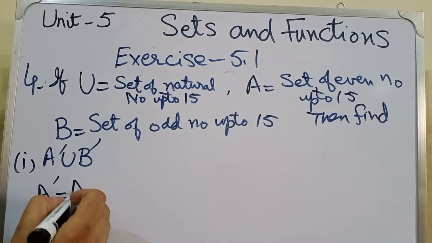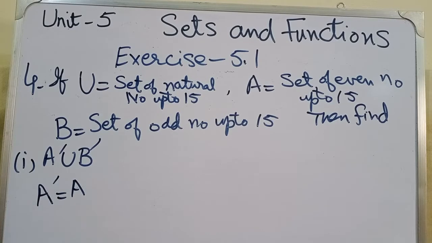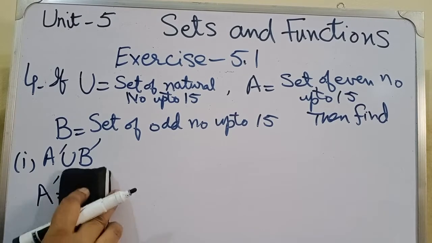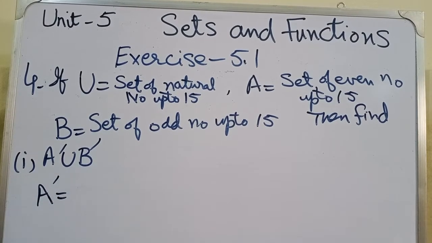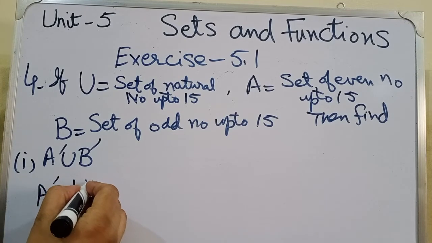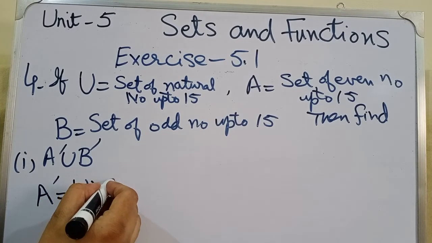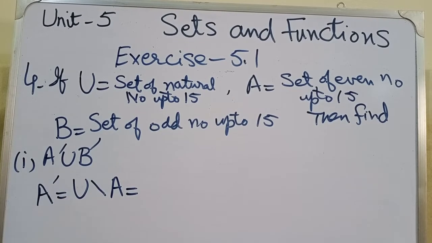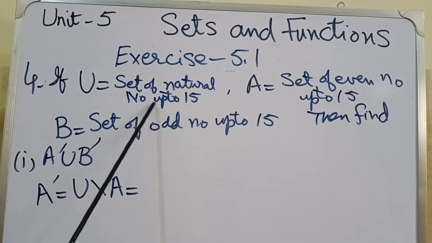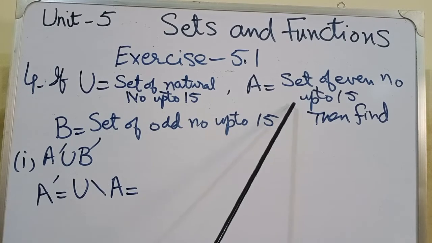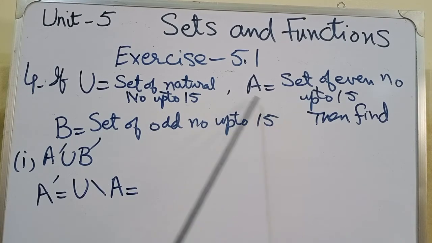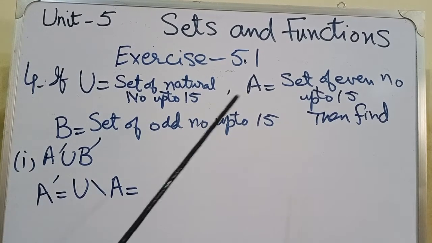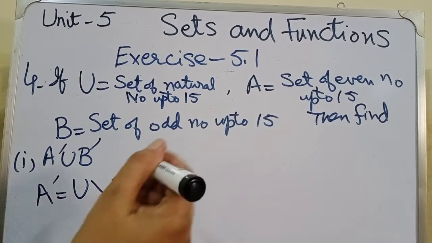We know that A complement is equal to all elements of universal set minus A. By observing these two sets, first we write them.